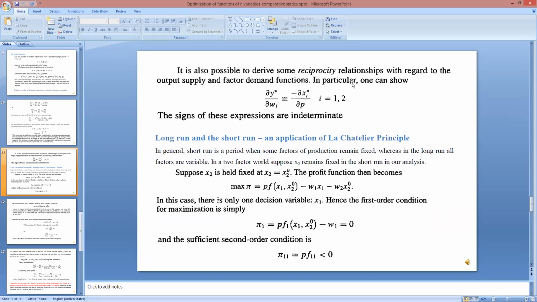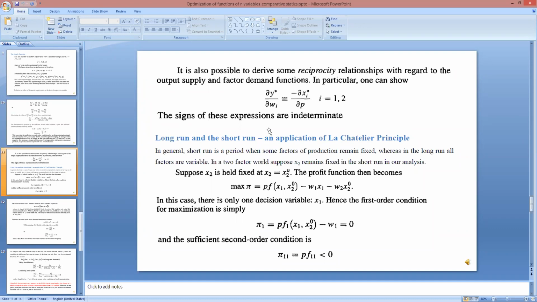The derivative of y star will be taken with respect to input prices, and derivatives of input demands will be taken with respect to output price. If we construct this kind of structure, we call this relationship the reciprocity relationship.